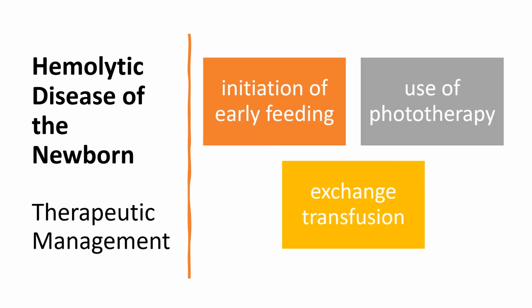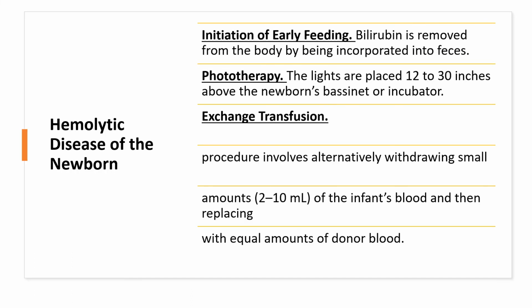The therapeutic management of your hemolytic disease of the newborn includes the initiation of early feeding, the use of phototherapy, and exchange transfusion. So first, the initiation of early feeding. Bilirubin is removed from the body by being incorporated into feces. Therefore, the sooner the bowel elimination begins, the sooner the bilirubin removal begins.